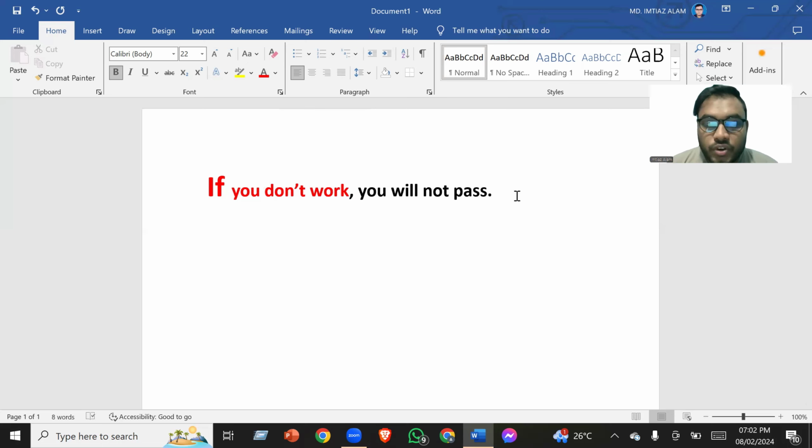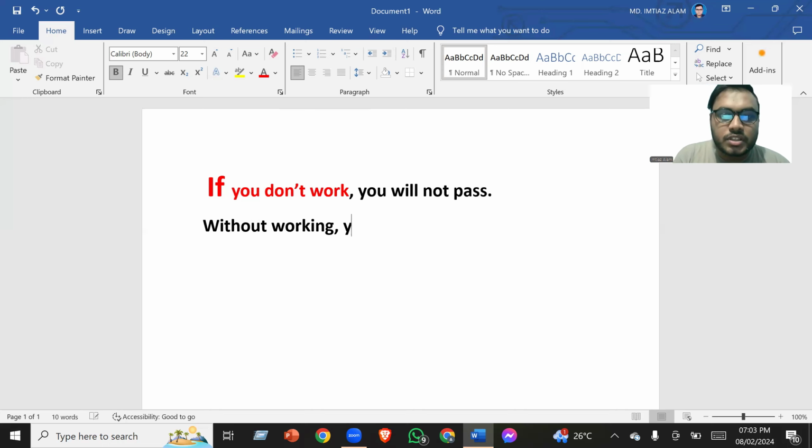So when you see the question as if plus negative, then you have to put without. So we are going to the answer. First of all, you have to write without. Then again, you don't need to write any subject. You will go directly to the main verb. The main verb is work, and then you have to convert it to the ing form. So without working, and then again you write the rest of the things: you will not pass. So this is the answer.